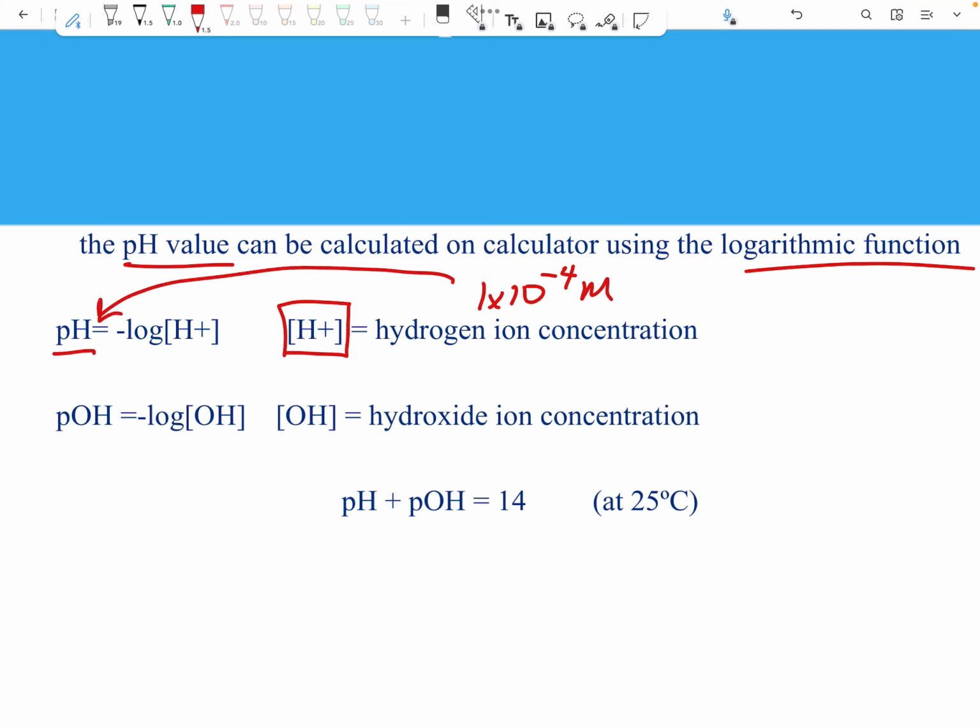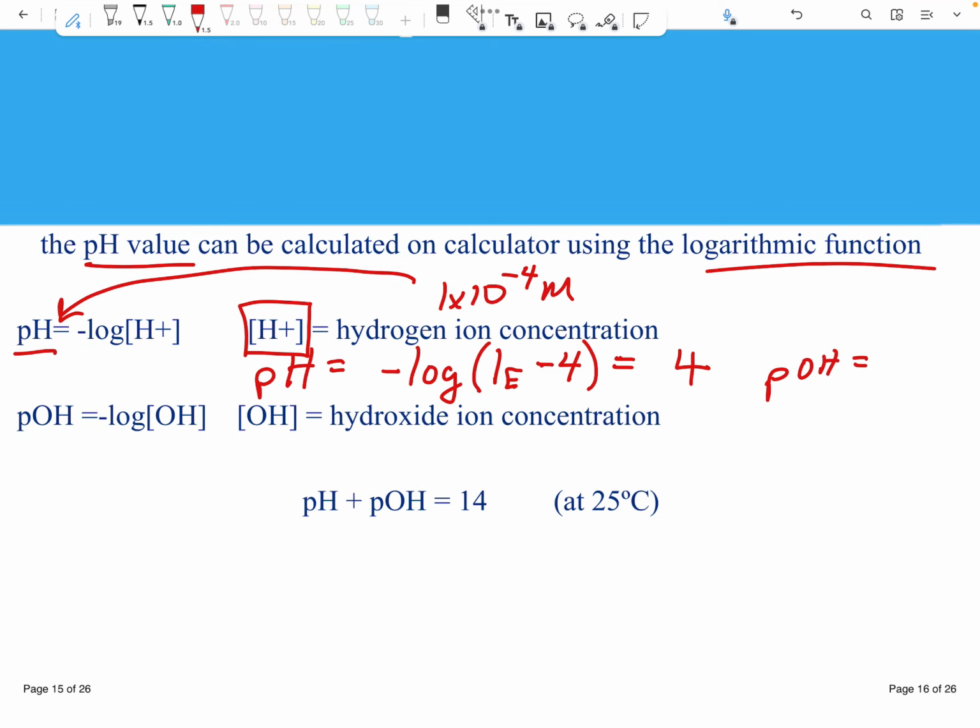You would take the negative log, and you can do it this way if you want to. You have to put in parentheses 1 times 10 to the minus 4, and close it out, and that's going to equal 4. So if that's the pH of a solution, then the pOH is going to equal 10 because they both have to add up to 14.